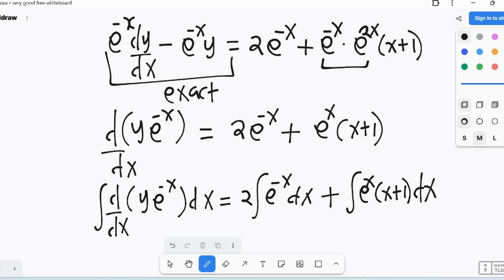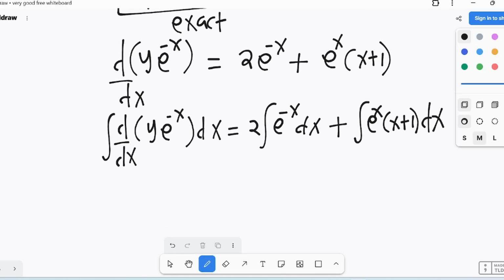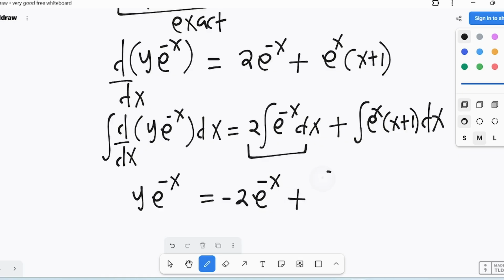So continuing, we have y e^(-x) equal to, when you integrate this, negative 2e^(-x) plus, now here we don't quickly bump into the answer.